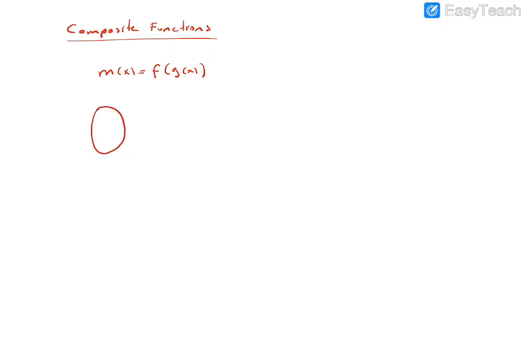For example, this is the domain of f, domain of g. So the function maps any point here to another value, this is the range of the function g.